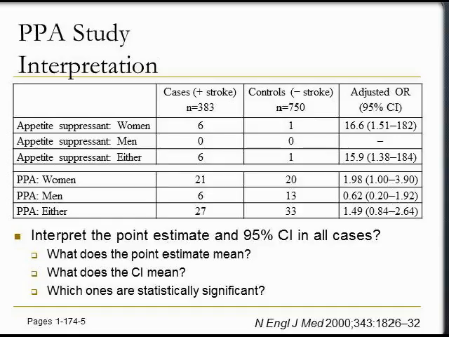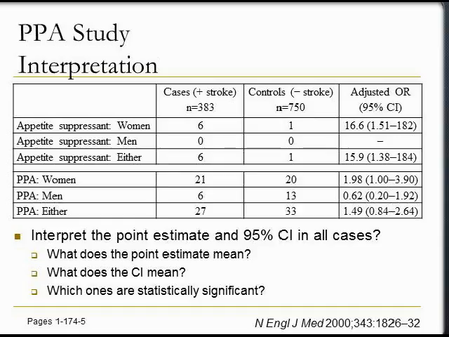Because this is the odds ratio, and the 95% confidence interval includes 1. So that first situation, PPA in women, no statistically significant increase in that odds ratio, even though it's twofold greater than 1.